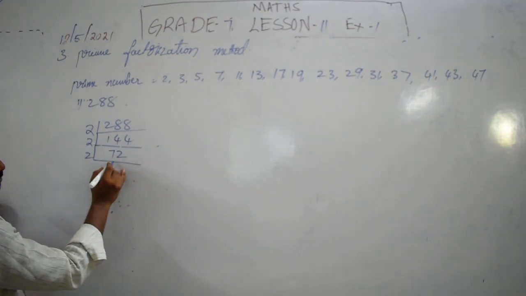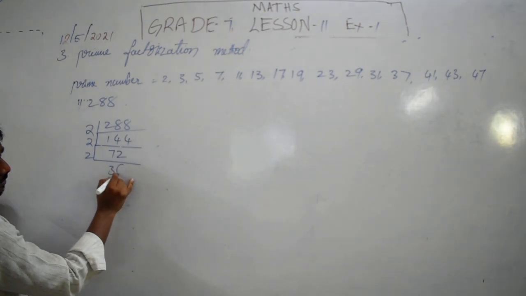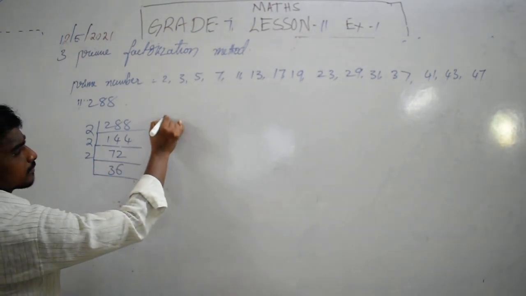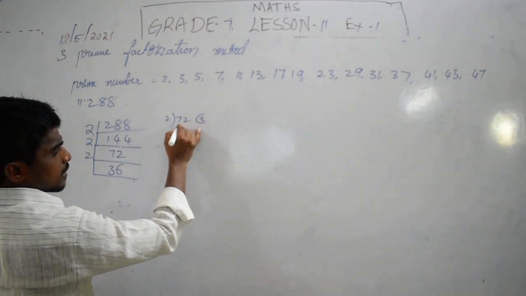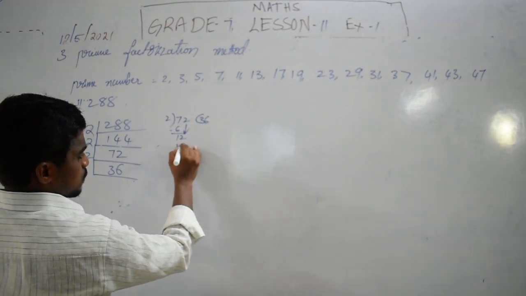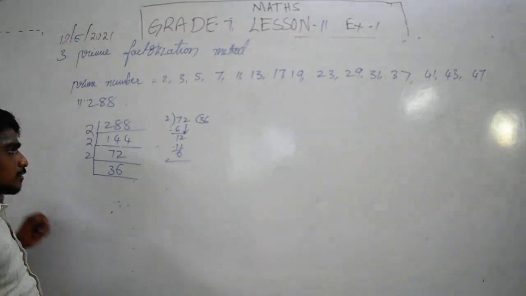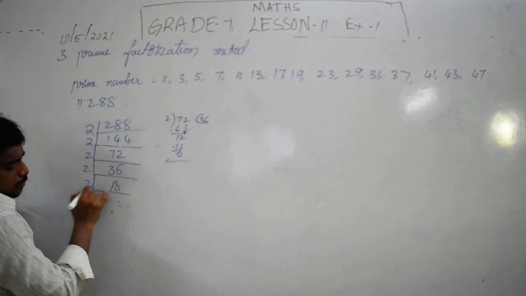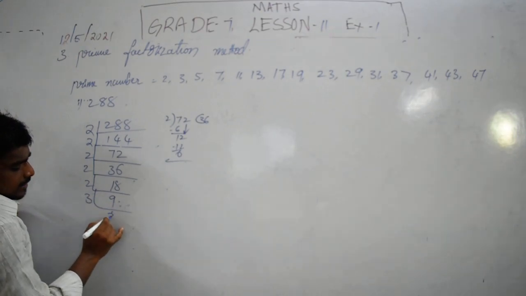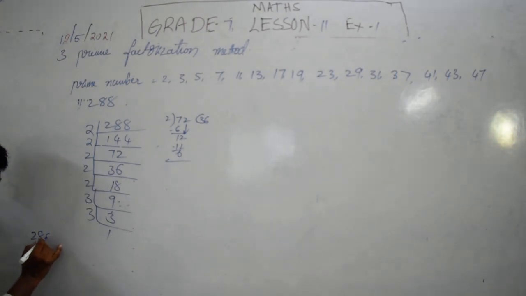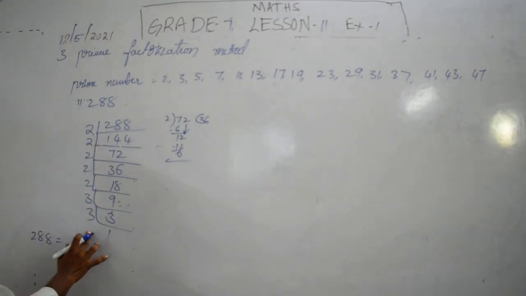Again 2, 2 3s are 6. 2 6s are 12. 2 18s, 2 9s are 18. 3 3s are 9. 3 1s are 3. So 288, we are using prime numbers only.